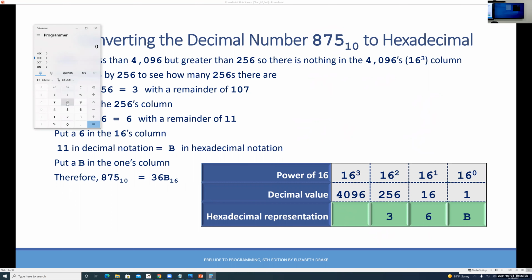If you want to convert 875, you see it is 36B in hexadecimal. Normally you just use the calculator in the programmer function to convert it.